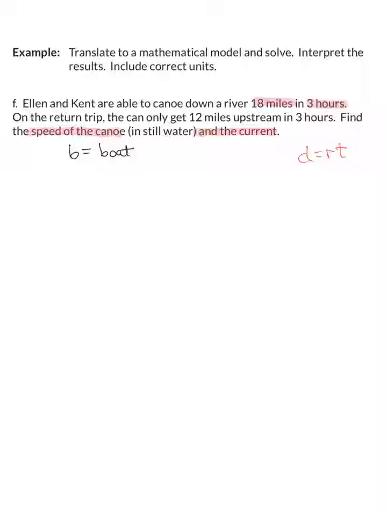When we say in still water, that means take it out of the river, put it in a lake where nothing's affecting it, and how fast are they actually paddling by themselves. And I'm going to let C be the speed of the current.